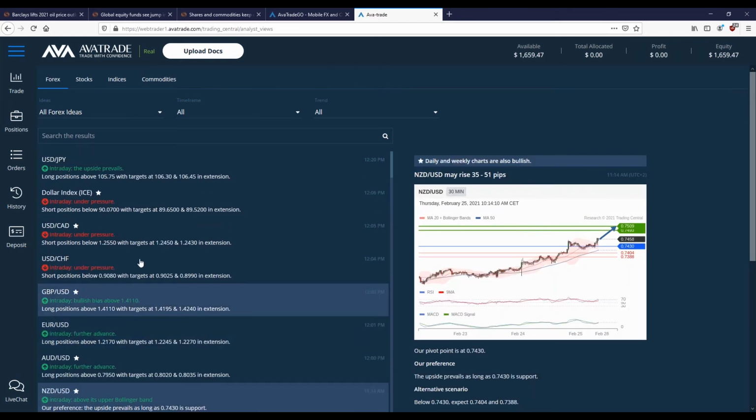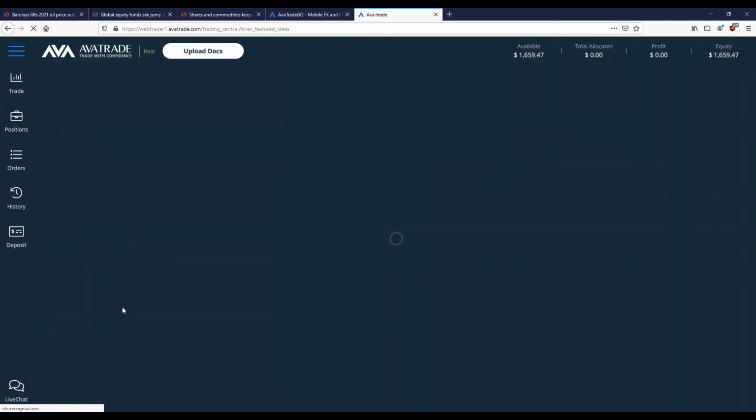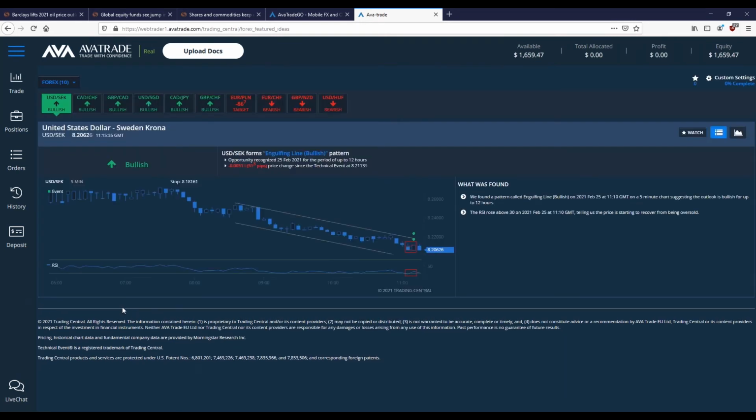Okay. Then if we go to the other part, Forex featured ideas, what we'll see is you have some similar information. Okay, there's a chart breakdown, but this is set up more specific with the chart being expanded and some more advanced ideas for specific instruments to trade on.